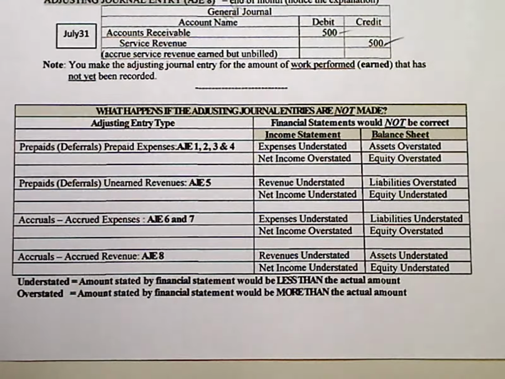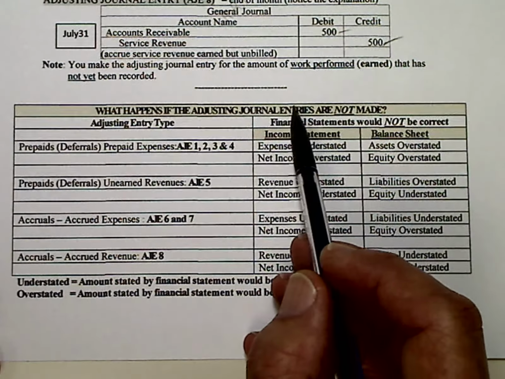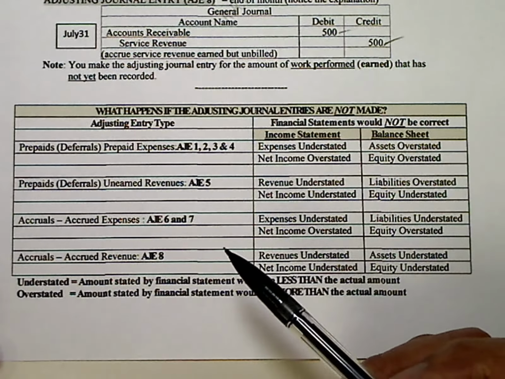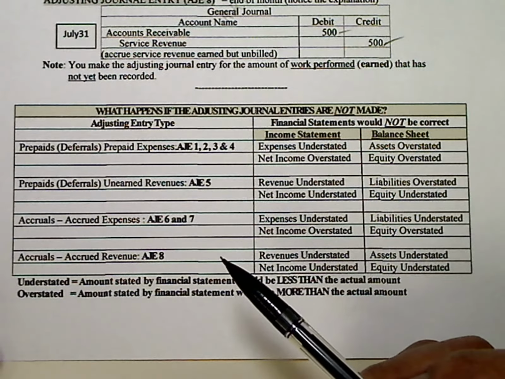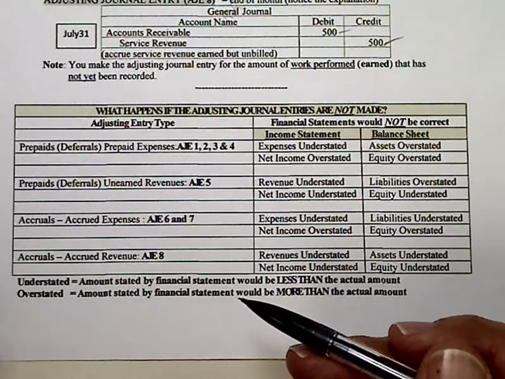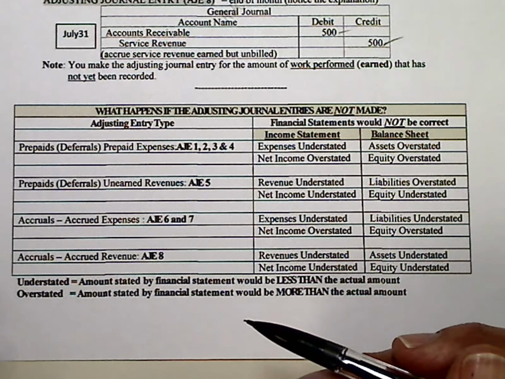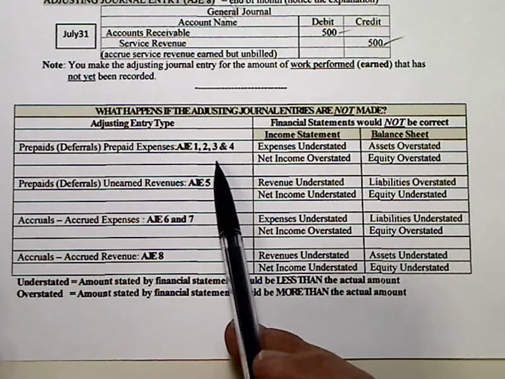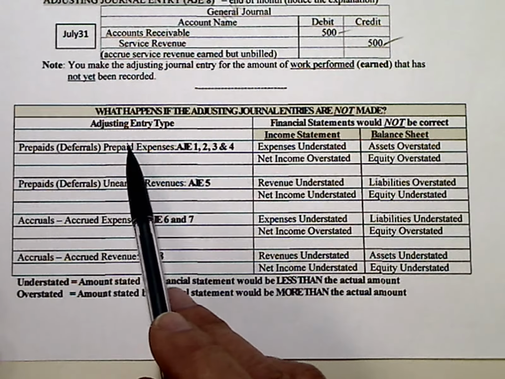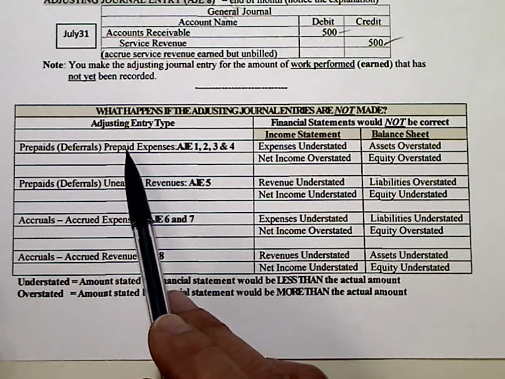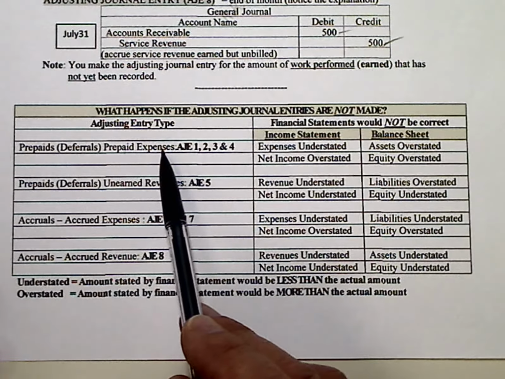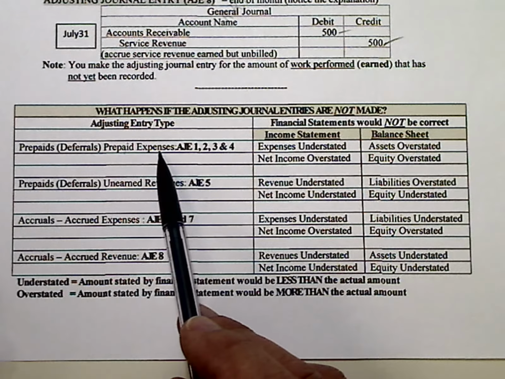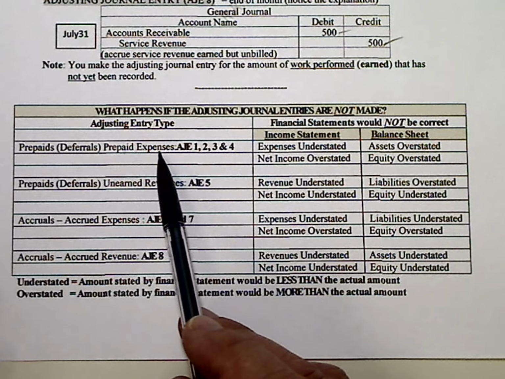So if we look at the bottom of page 6, what happens? If we were to go through and base our financial statements on an unadjusted trial balance, we'd have all kinds of problems. Now, here's a summary of the problems. If we forget to record some of these prepaid expenses like prepaid insurance, prepaid rent, that sort of thing, well, rent expense is not going to be as high as it should.